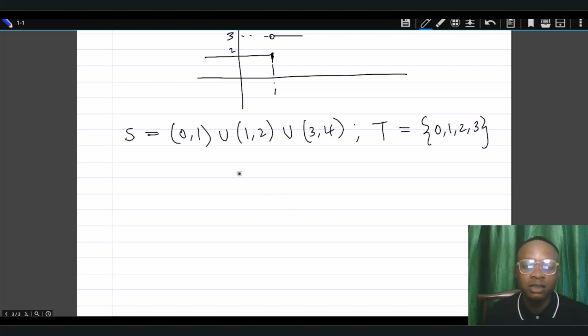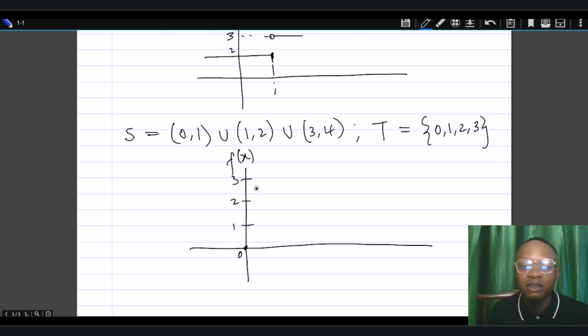So for instance, if we were to say I have a graph of this function, or the function that we can possibly form from here, we know that it can only have values 0, 1, 2, and 3. So the output, that means our f of x, is restricted to the values 0, or 1, or 2, or 3. It cannot be any other value between, it cannot hold any other value here.